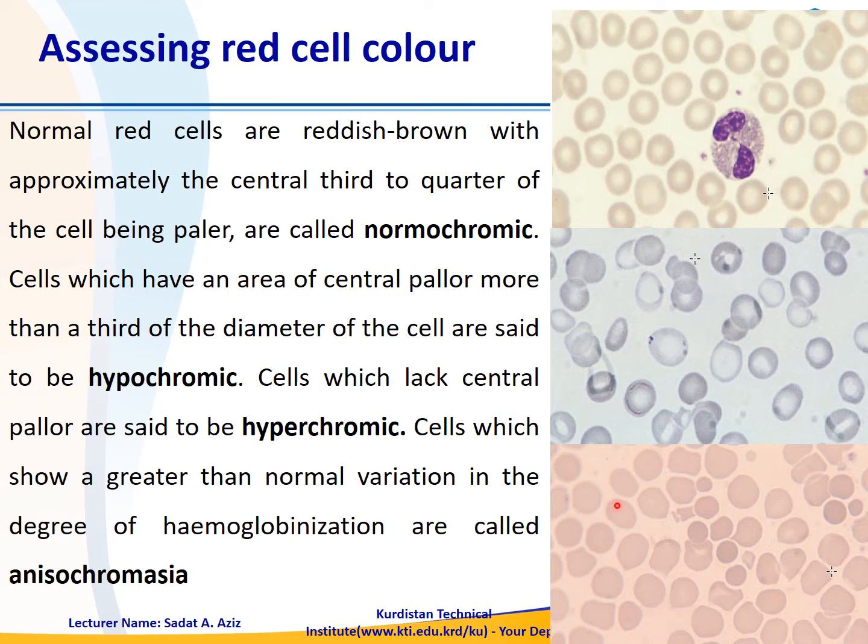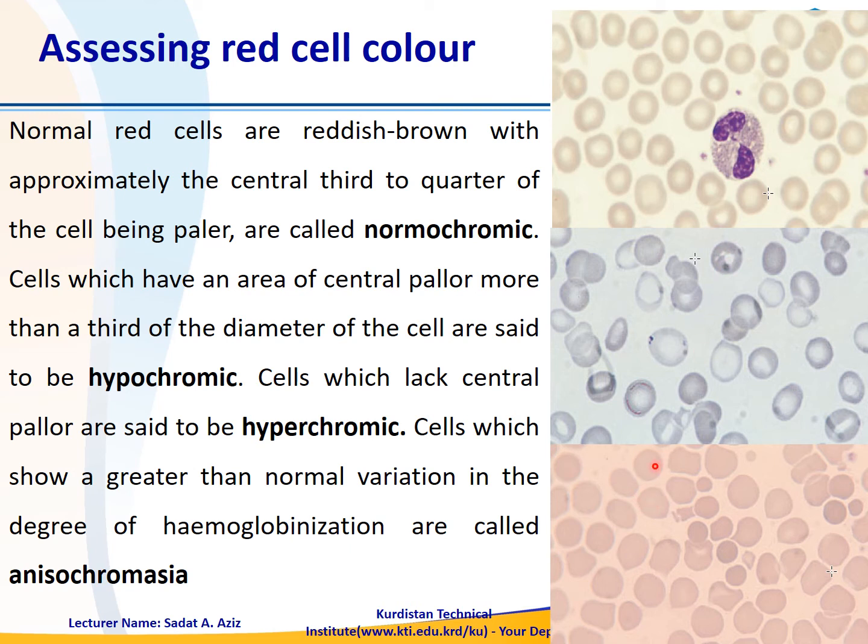So when you see normal variations in the degree of hemoglobin distribution, for instance, if you have some cells with a normal color and some cells with a paler color and some cells with a darker color, without having any pale center, this case can be defined as anisochromasia.